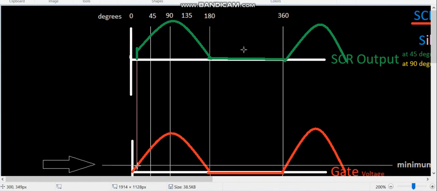Once it gets high enough, boom, it starts conducting. So let's say that's 22.5, maybe somewhere around 18 degrees. If this is 90, that's 45, halfway would be 22.5. Let's say that's 18 degrees, just for something to write down there. Whatever it is, it's somewhere around there.